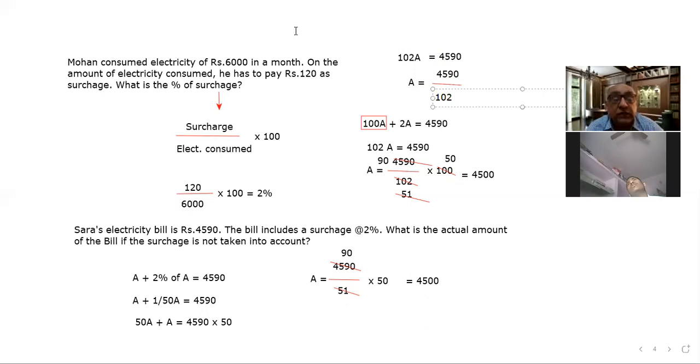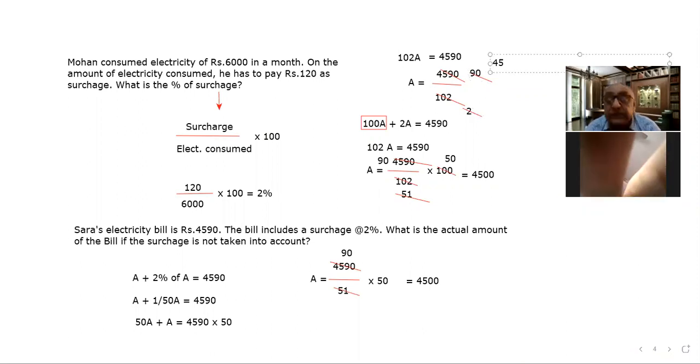So first 2 is common, let us divide it by 2, or let us divide it by 51 first. Here will be 2 and here will be 90. Then 90 divided by 2 would become equal to 45. So this divided by this would become equal to 45. So it means A is equal to 45.